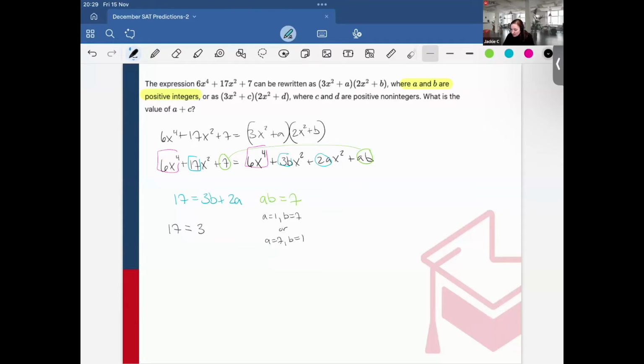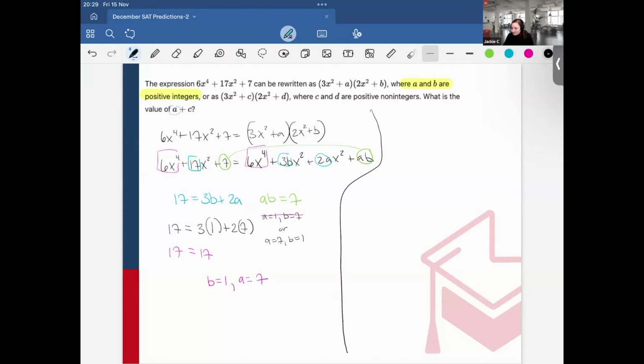It must be that b is 1 and that 2a is equal to 7, because that would be the only condition in which this would equate to 17. Okay, so I know for sure that b is equal to 1 and a is equal to 7 in this case. All right, so I have the value of a, but now I need to get c.